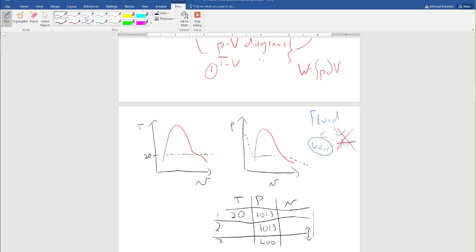But then I know also that at 1 atmosphere, what temperature does water boil at 1 atmosphere? 100 degrees. 100 degrees is bigger than 20.